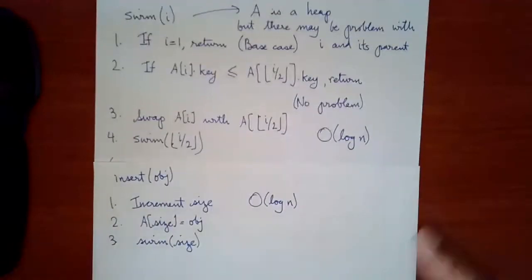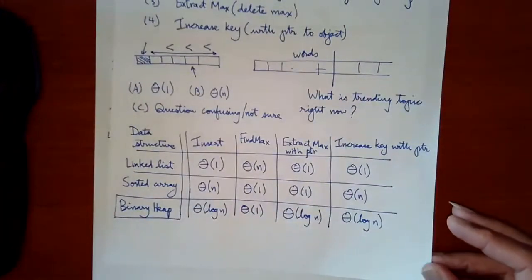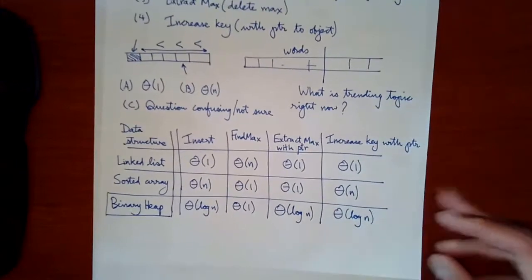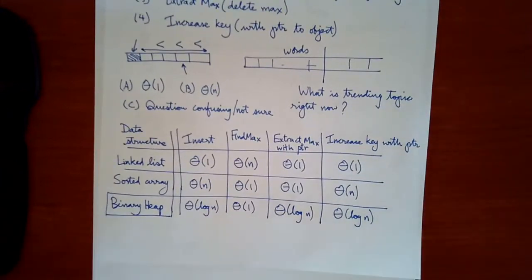That you can get all of these operations basically in logarithmic time, and no pointers. It's just maintaining an array. But it's cleverly come up with this invariant so that if you maintain the invariant, then the operations are quick. They run in logarithmic time.